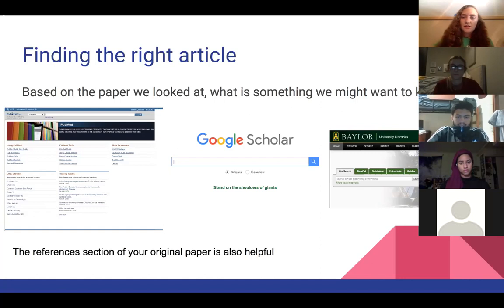And then also Baylor libraries. We have OneSearch and other research tools that are free to use. So it's really nice.